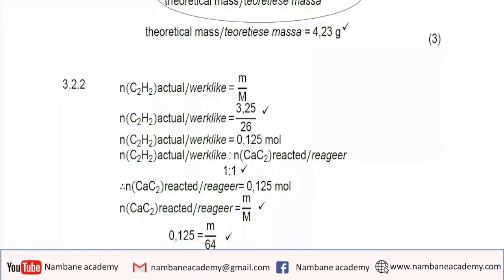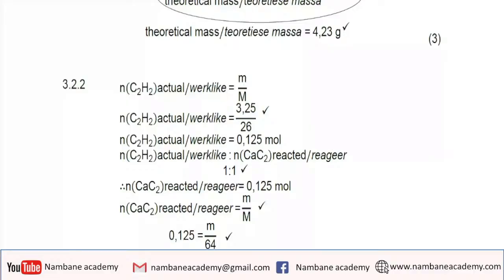And then now that they have this 0.125, they are going to do the comparison of the actual mass that's there and whatever needs to react. Then their ratio will therefore be 1:1. It gets a mark.